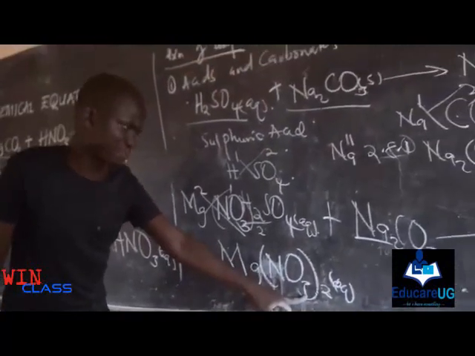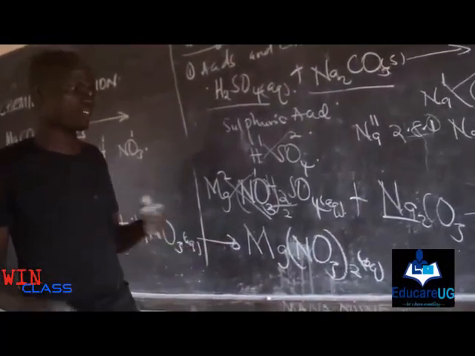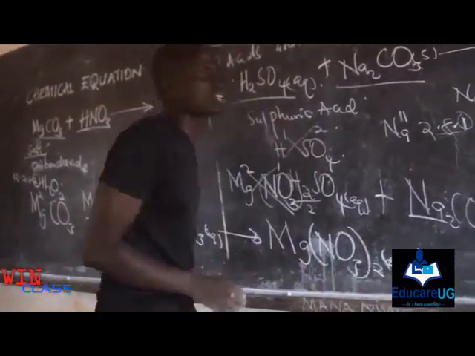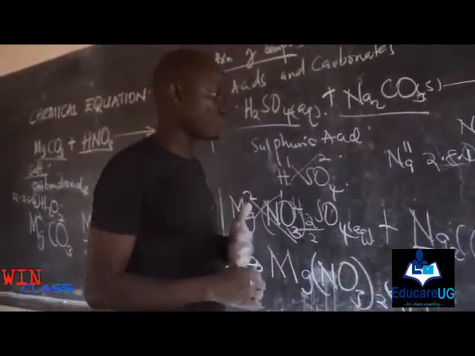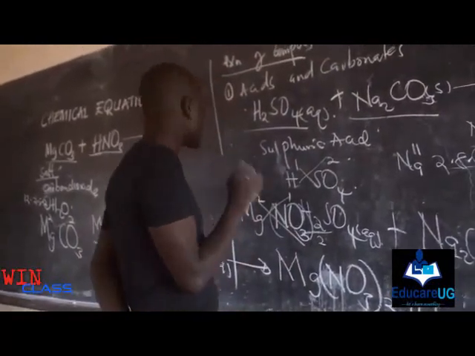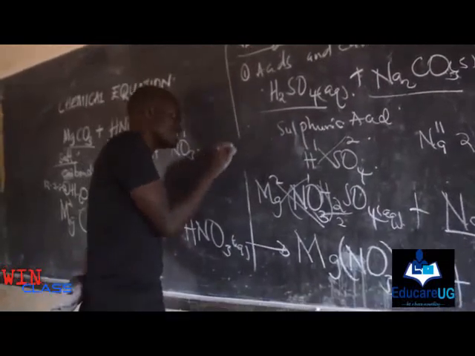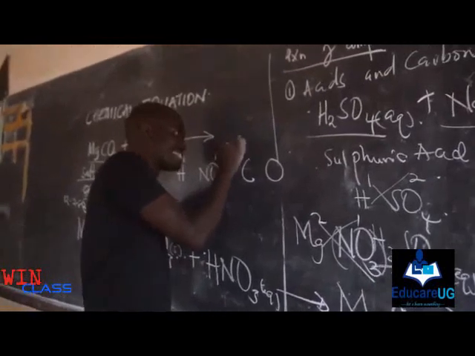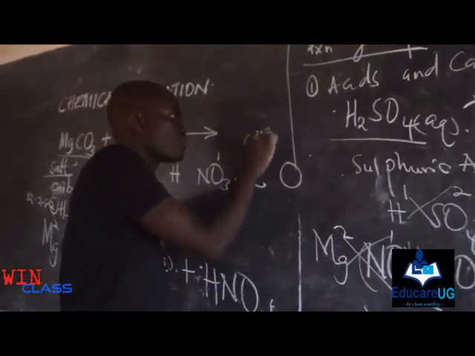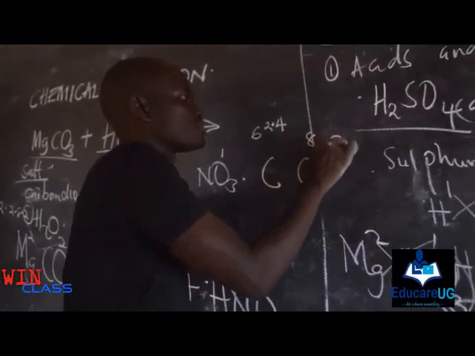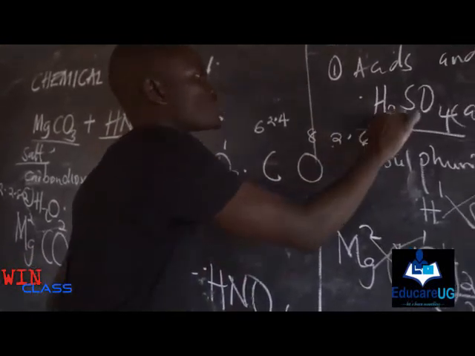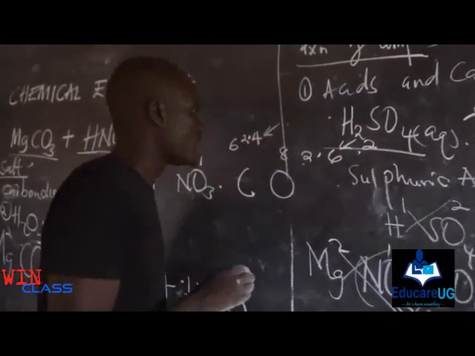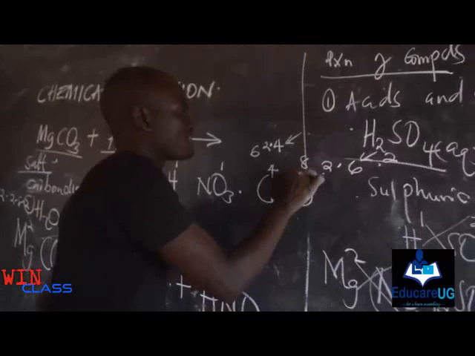After getting the salt, magnesium nitrate, the next thing is getting carbon dioxide and water, which are the other products. Carbon dioxide, we saw, is a combination of oxygen and carbon. Carbon is the 6th element, meaning configuration is 2, 4, whereas oxygen is the 8th, meaning configuration is 2, 6. Oxygen gains 2 electrons, whereas carbon can gain 4 or lose 4, meaning valence is 4, whereas oxygen's valence is 2.